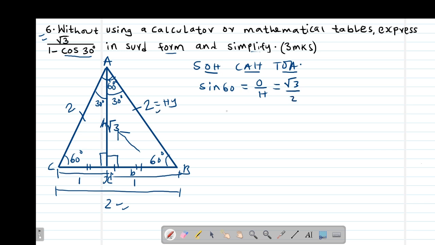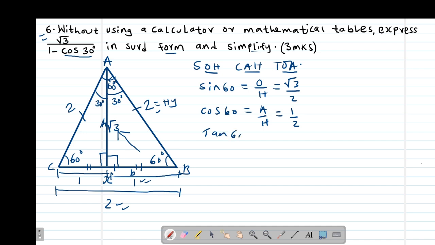So the hypotenuse is 2. We can also find the cosine of the same angle, 60 degrees. Cos is adjacent over hypotenuse, which equals, the side that is adjacent to 60 degrees is 1. So this will be 1 divided by our hypotenuse, which is 2. Then we can move to tan.